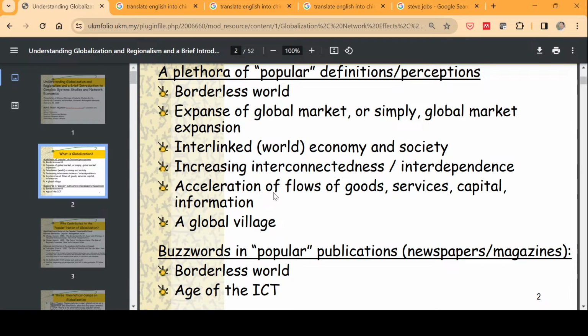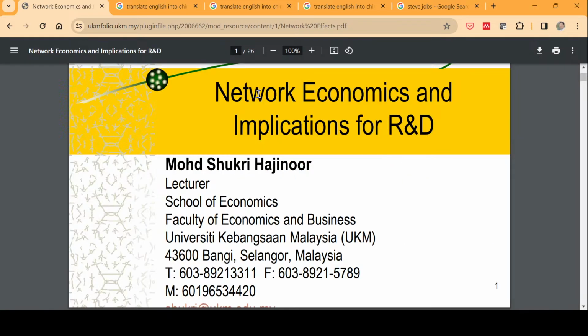But here I want to focus only on the application of network effects on R&D, the use of this theory for R&D. How R&D can develop and produce results, which is technology and better quality products.